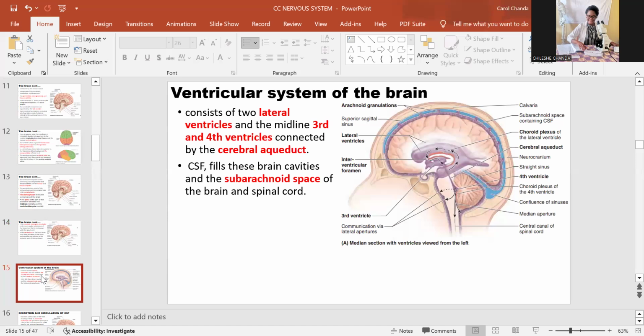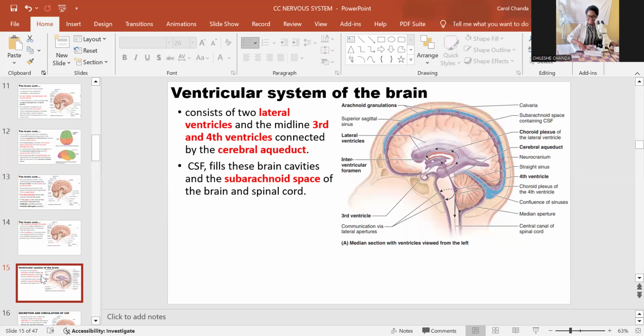All right. Now, since we've looked at the parts generally of the brain, let us quickly look at the ventricular system of the brain. We will notice that the brain has cavities. The brain has several cavities through which a fluid known as the cerebrospinal fluid flows, and where this cerebrospinal fluid is produced.